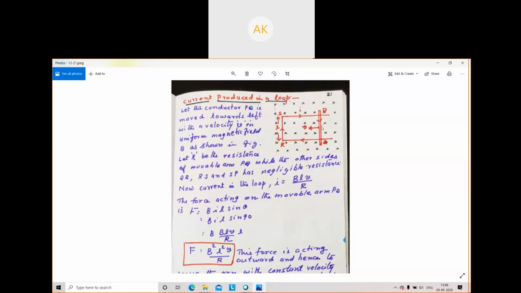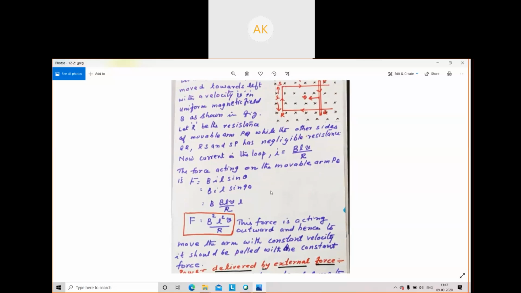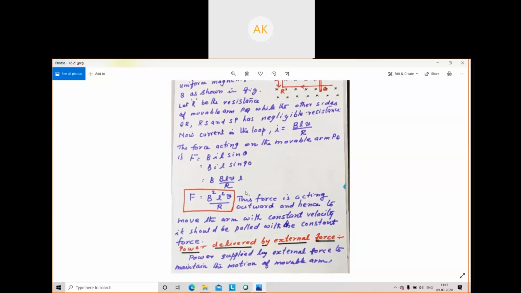The angle between the magnetic field and the length of the conductor, not area, length, will be 90 degree. So BIL sin 90 is 1. So B into I, already calculated as BLV by R, into L. So F is equal to B squared L squared V by R.